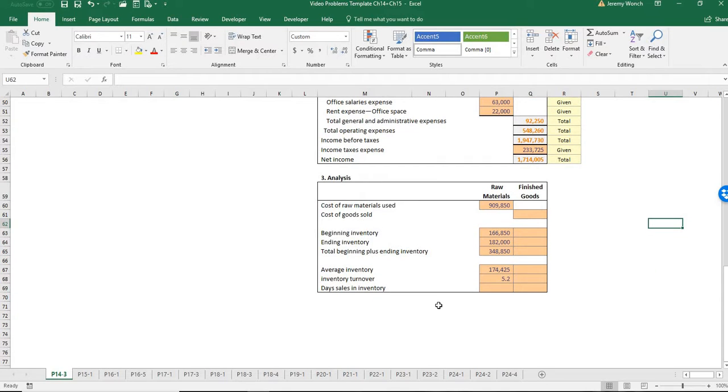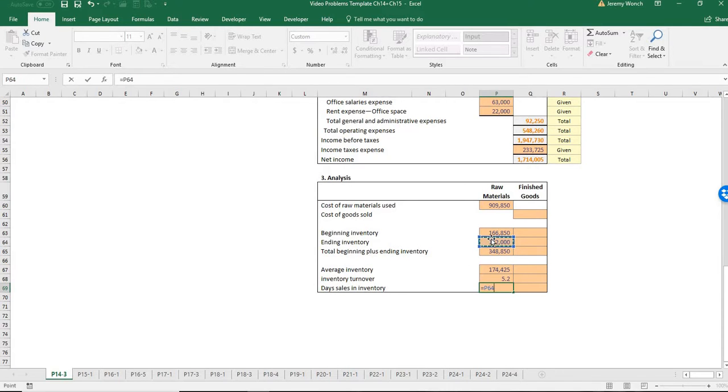And so the days sales in inventory. So we want to take our ending inventory balance, divide that by our cost, and then multiply that times 365.